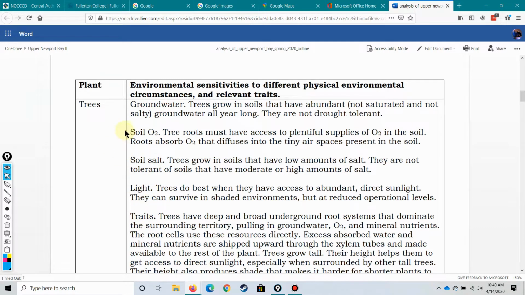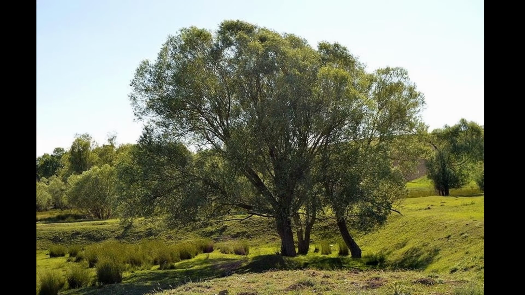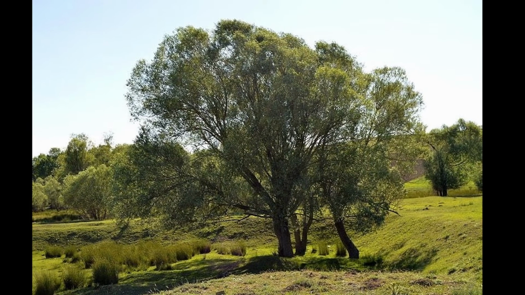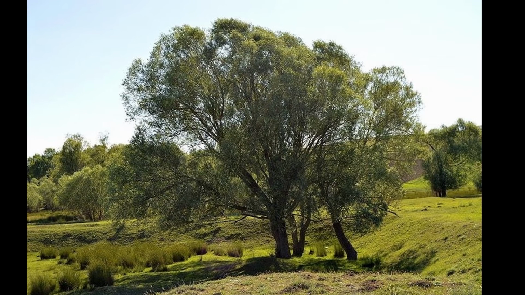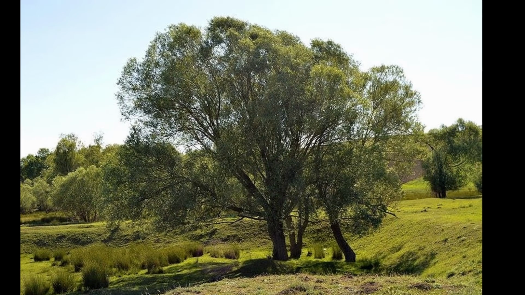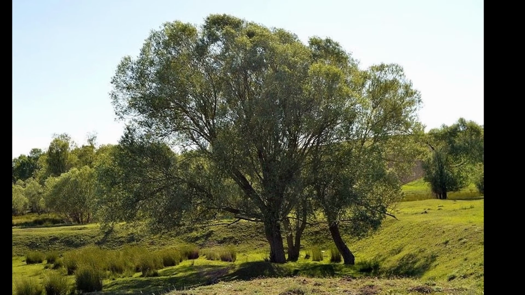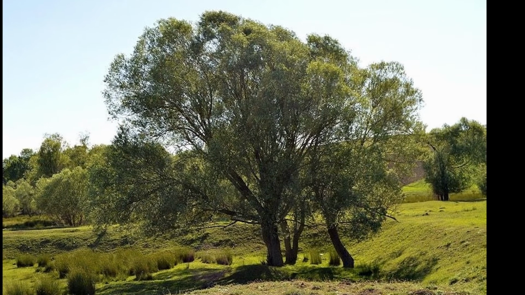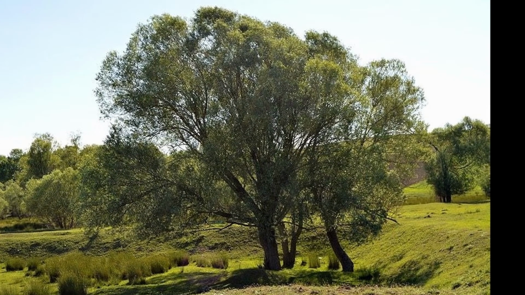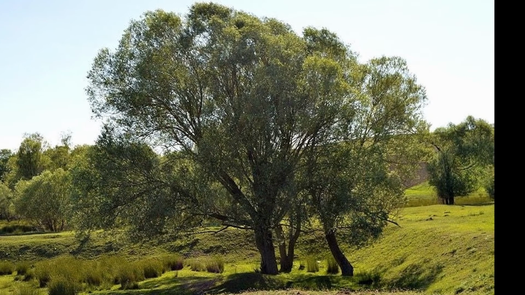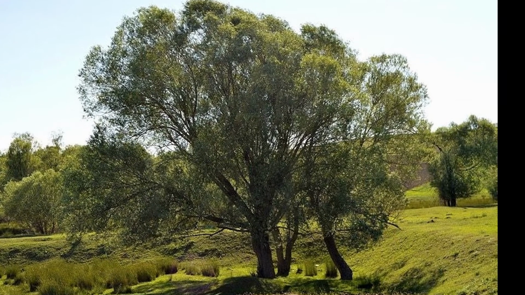For trees, trees need to have their roots in moist groundwater all year long. They need to have access to groundwater all year round. Generally, trees are not drought tolerant.